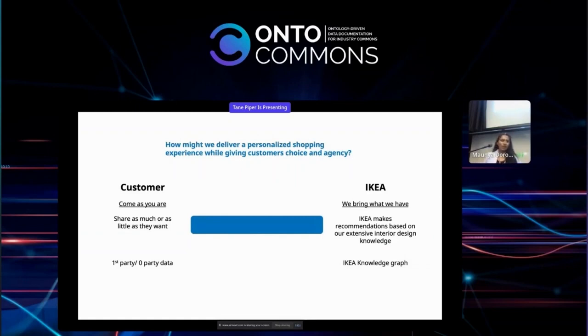This is the way in which we've approached it: customers come as they are, and we bring what we have. Customers can share as much or as little information as they want, so that's taking a first-party or zero-party data approach. As IKEA, we have really good interior design knowledge, and we have the fantastic knowledge graph, which encapsulates some of that. So how do we marry these two together to truly give agency, and how could that work?